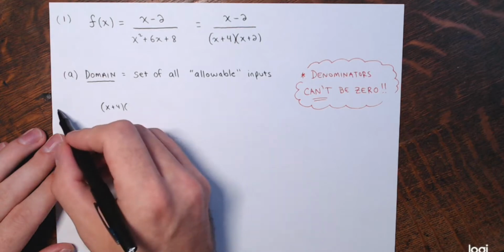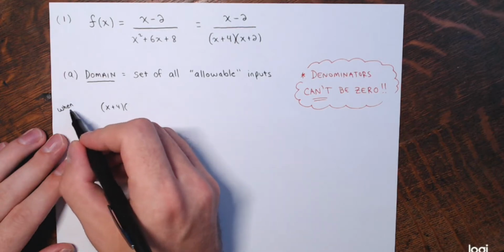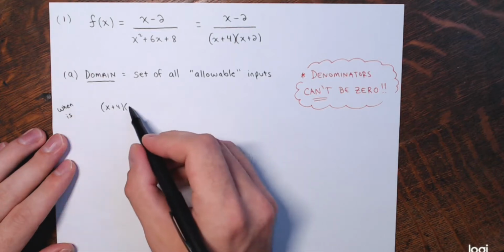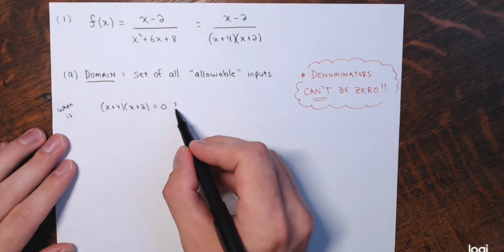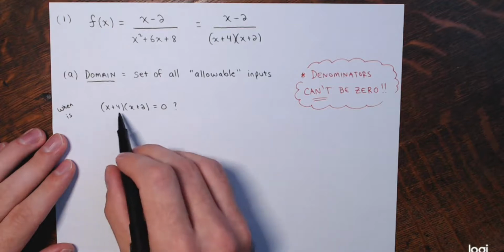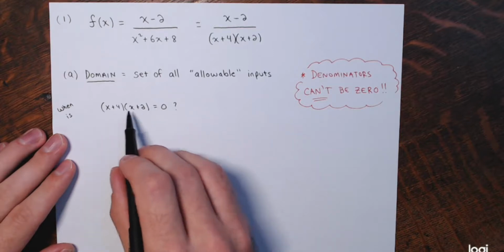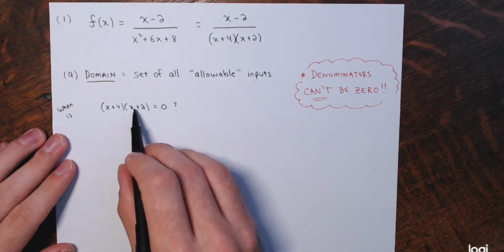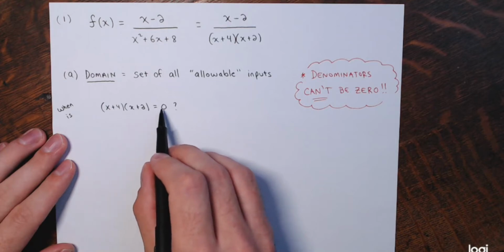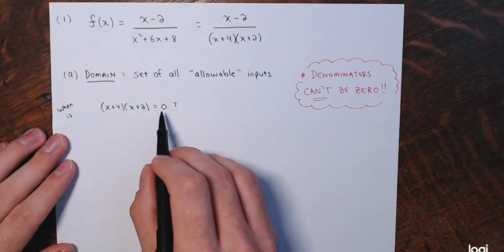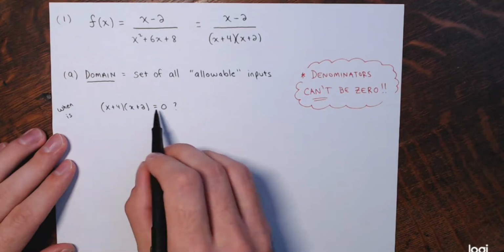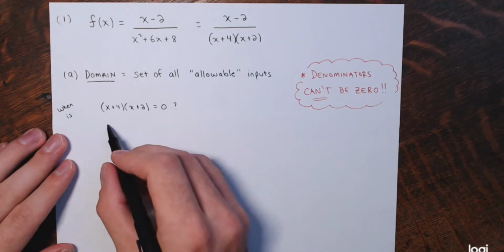So the question is, when is the denominator here 0? When is x plus 4 times x plus 2 equal to 0? And hopefully you see the answer right away. Remember when we have a product equal to 0, then either factor of that product could be 0. So either x plus 4 is 0 or x plus 2 is 0.